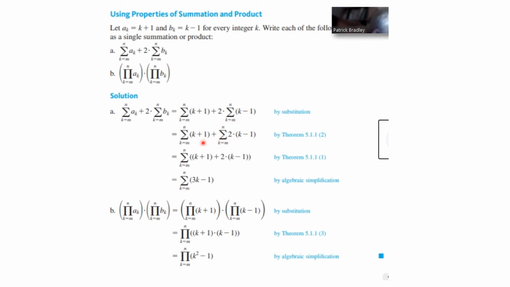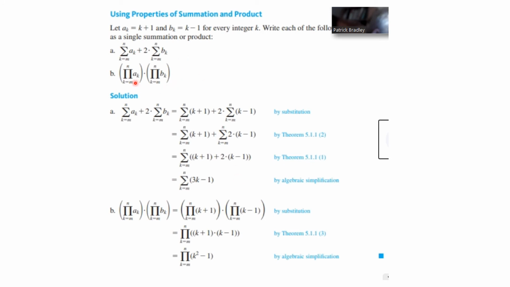Since we're adding these and the indices are the same, I can put the summation on the outside. I'm really changing the order. And then I'm going to simplify this using algebra. So k and 2k is going to be 3k, and this one is going to be combined with this minus 2, and so it's going to be 3k minus 1. So that's what would be a simplification of this.